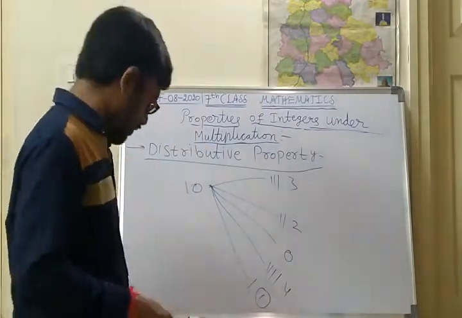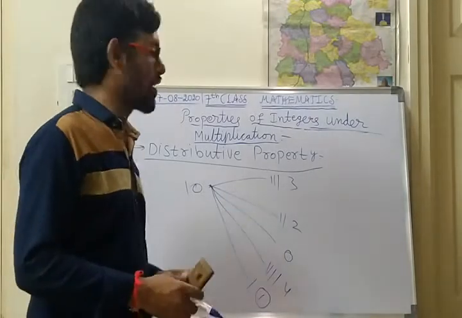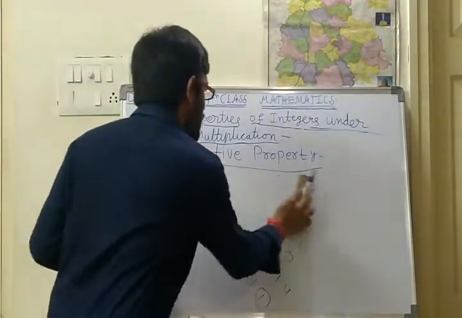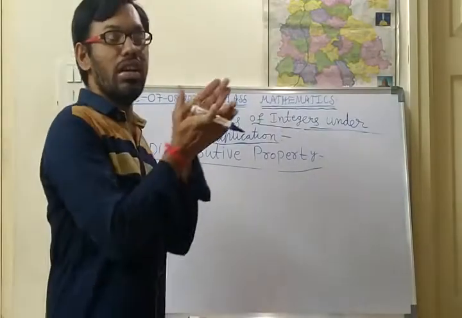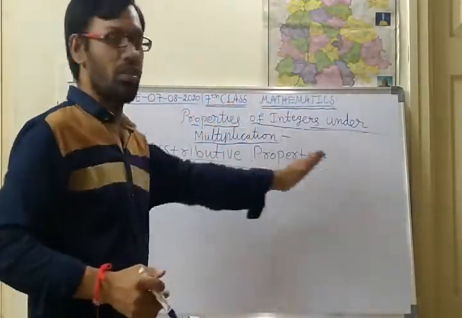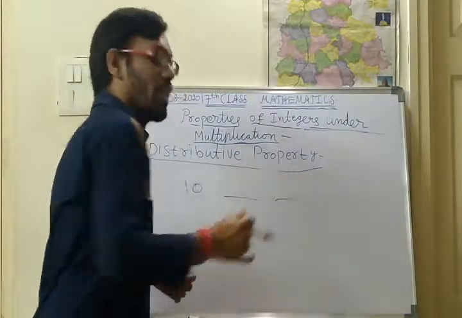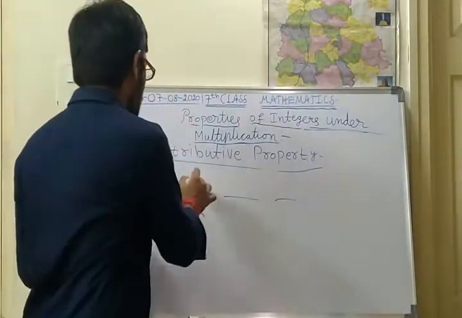So with this concept, what can we say? Whatever the number is, that number will distribute to the other 2 numbers very equally. Here 10 is it.